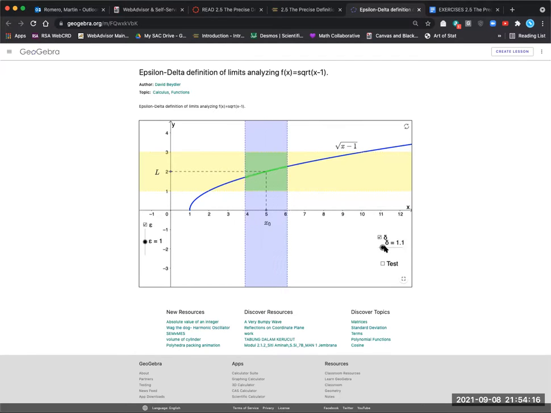And so I can find a delta, right? There's a delta right there, a delta of 3. So if I'm within 3 units of 5, I'm within 1 unit of the limit. And no matter what epsilon I give you, no matter how small, I can find a delta where my function is always in between those borders.